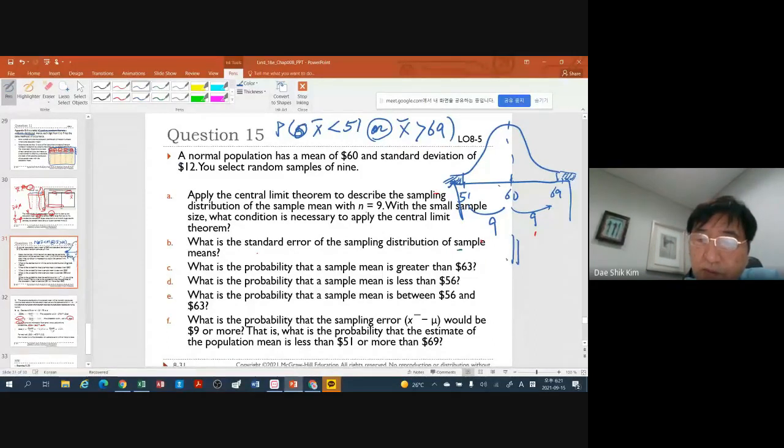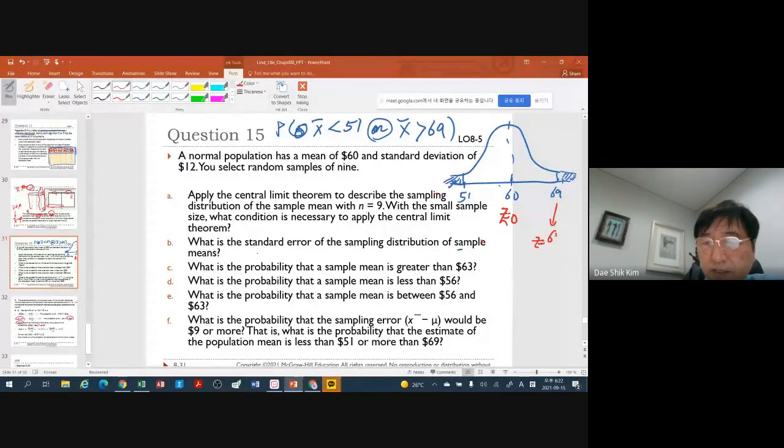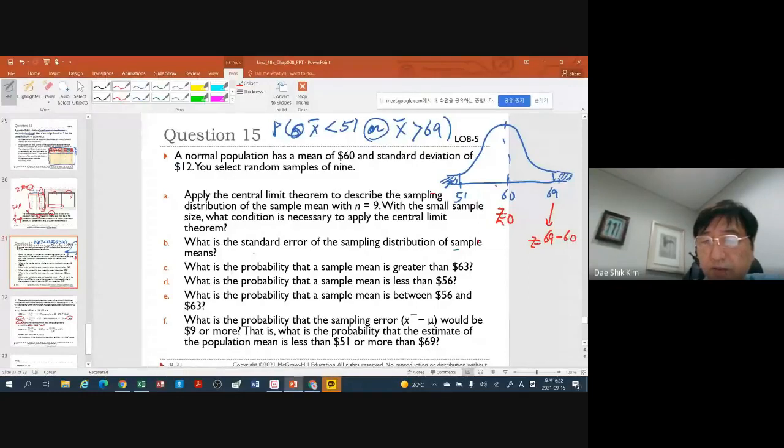So we need to transform into the standard normal distribution. In the center is z equals 0. Then for 69, z equals 69 minus 60, where 60 is the mean, over the standard error of the sample mean x bar, divided by 4. 9 divided by 4 is 2.25.